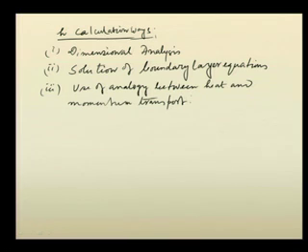So, these are the ways by which we can find the values of the heat transfer coefficient.